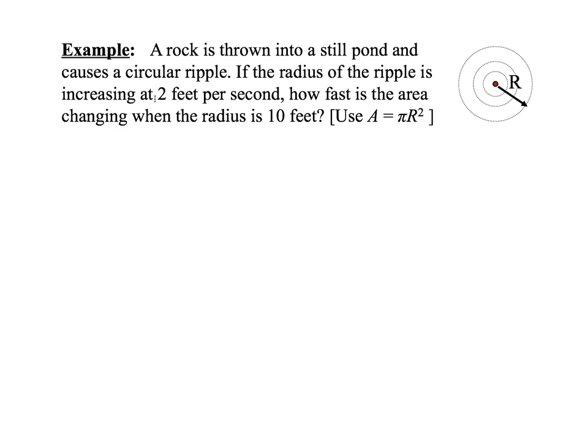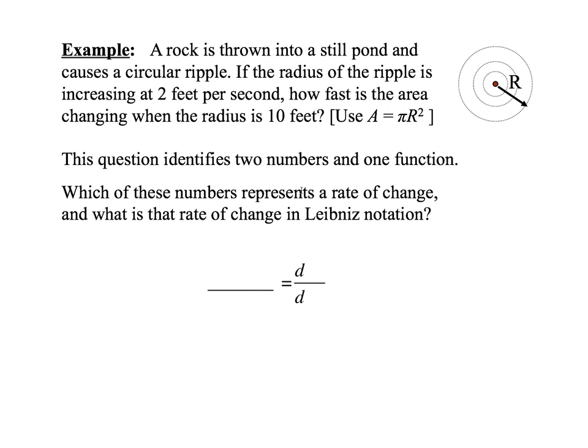So this is a d something dt. D what dt? It's dr/dt, the rate at which the radius is changing with respect to time. We are given that number, that is 2. This is the rate that we are given in this question. Okay, and so now we have two numbers and one function given.